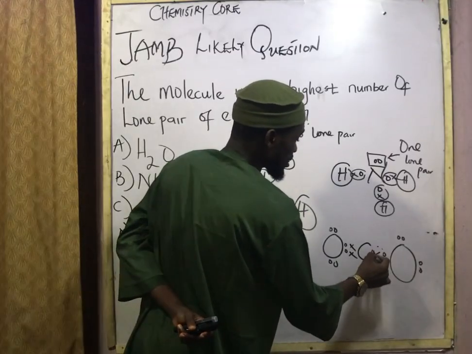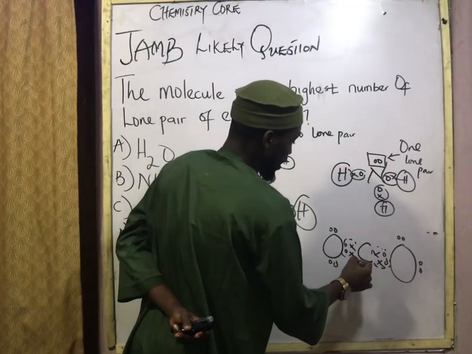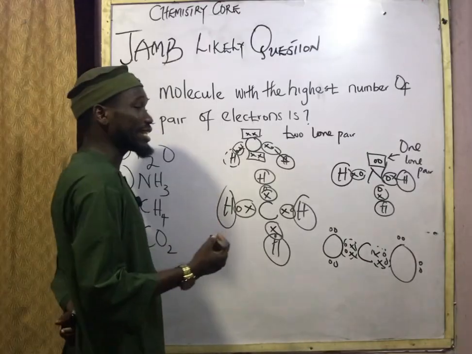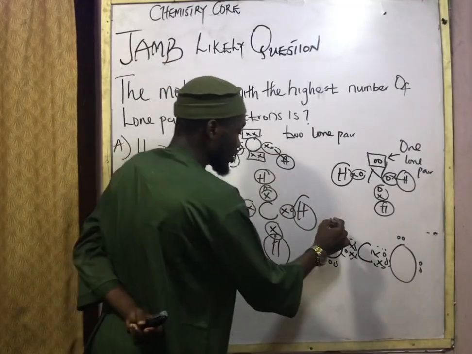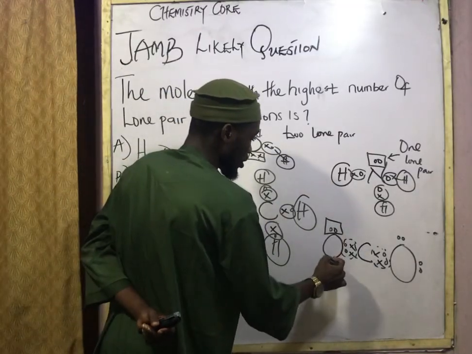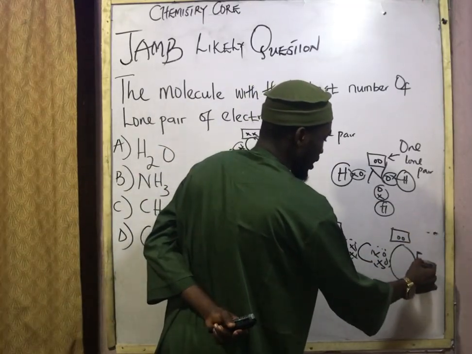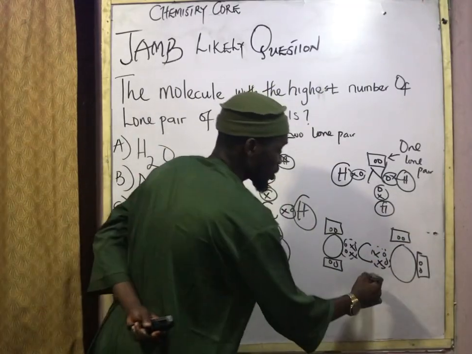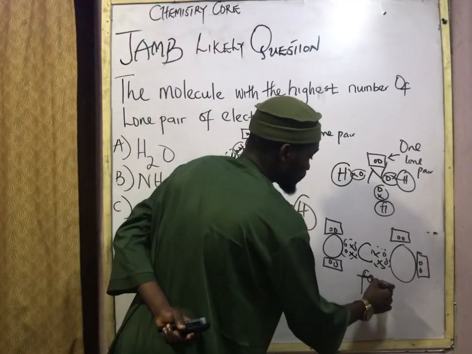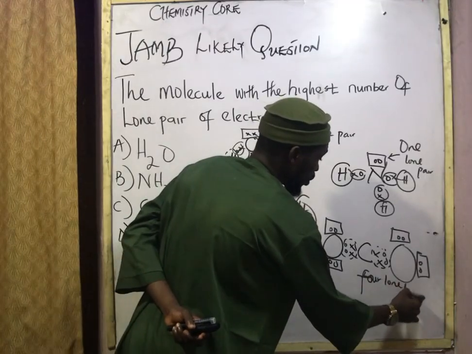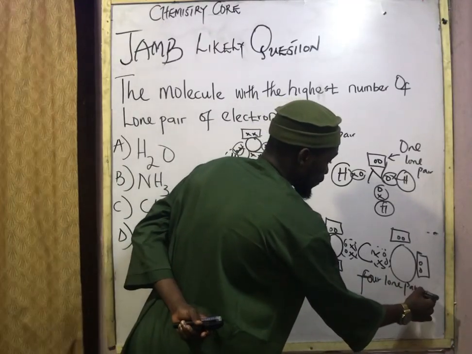All these are bonded together. Now, let's check the number of lone pairs we have there: the first lone pair, the second lone pair, the third lone pair, and the fourth lone pair. So we have 4 lone pairs of electrons in carbon dioxide.